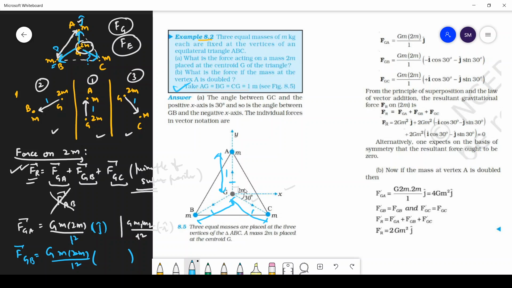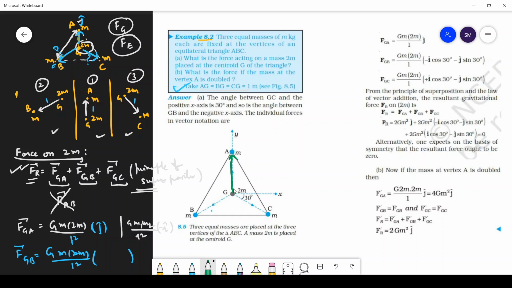See, try to understand what the direction of force is over here. Let us find out. That's a good question. See, the force acting on 2m. So 2m will be pulled towards m.